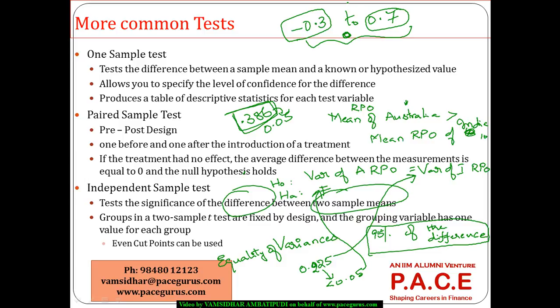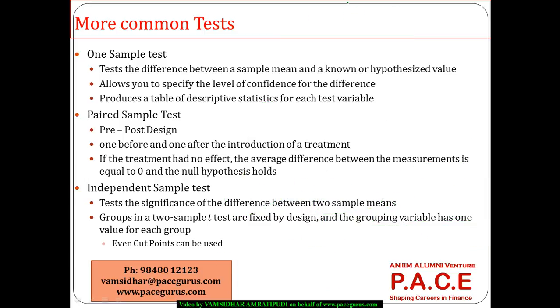Now, we are looking at the third mechanism, which is the paired sample t-test, especially when we have designs like pre and post. Before some experiment or before a treatment, I'm checking one value.